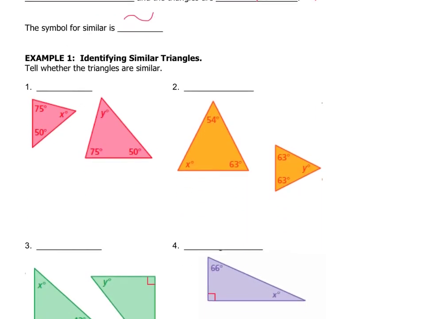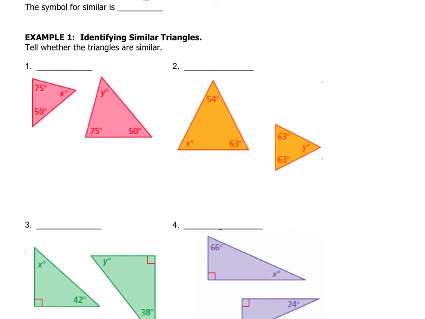Here we have whether these are similar triangles or not. Looking at number 1, it might be a little easier to see on this one. If I look at my corresponding angles, the angle here, 50, corresponds to the angle there on the second triangle. The angle 75 corresponds to this angle 75.